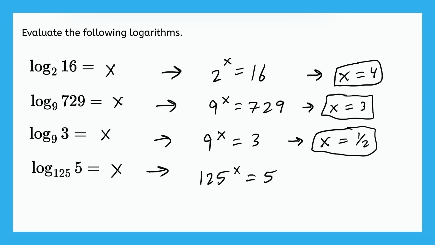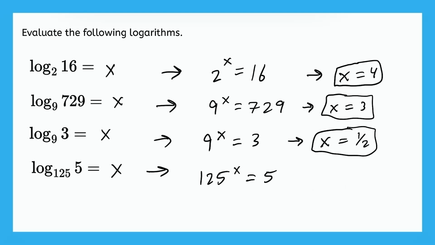Okay, last one. We have 125 to the power of what is 5? Okay, let's think about this. What do we do to 125 to get 5? How about the square root? If we do the square root of 125, we get like 11.18. That is not 5, so we can't do the square root.